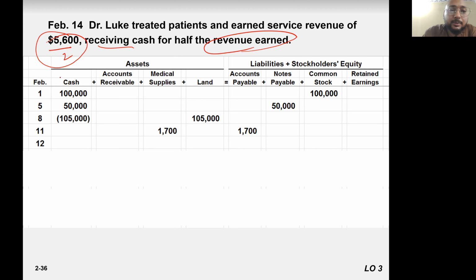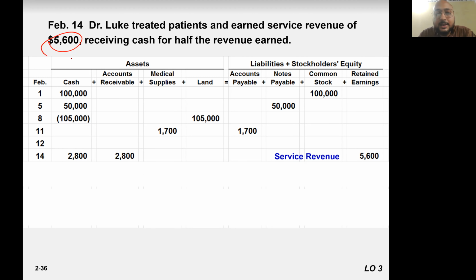So half of the revenue is cash increased, half is customer receivable increased, and your revenue is complete here. You performed services worth 5,600; half, which is 2,800, is received in cash, 2,800 is receivable, and service revenue is 5,600.